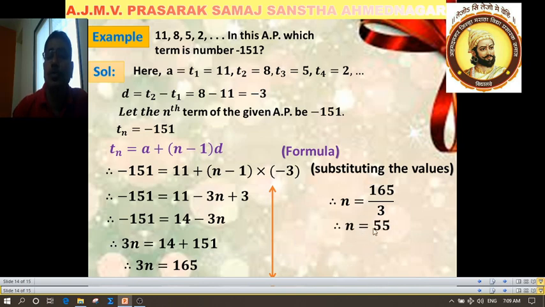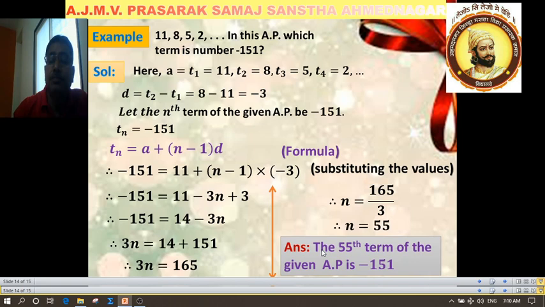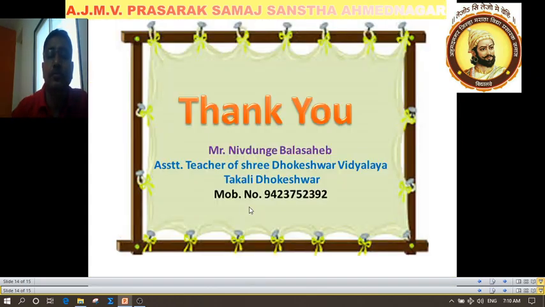So n is equal to 55. So the 55th term of the given arithmetic progression is minus 151. So in this way we can obtain any term of the given arithmetic progression.